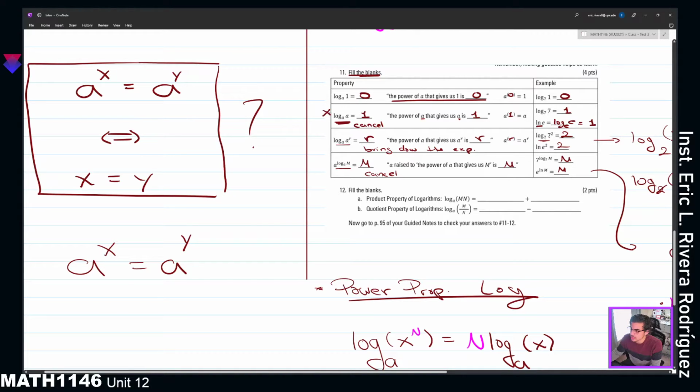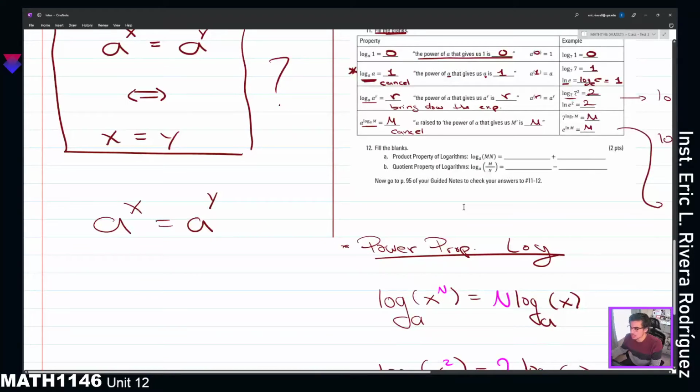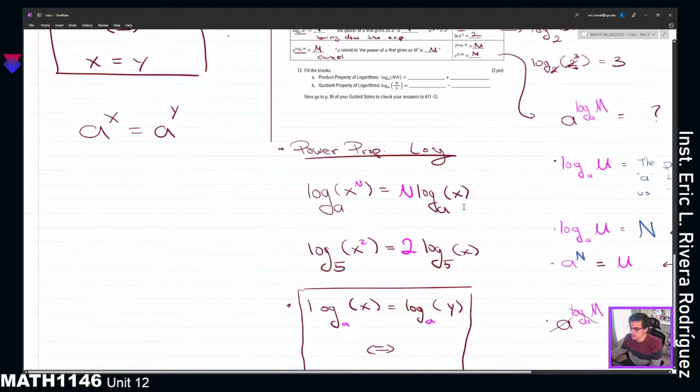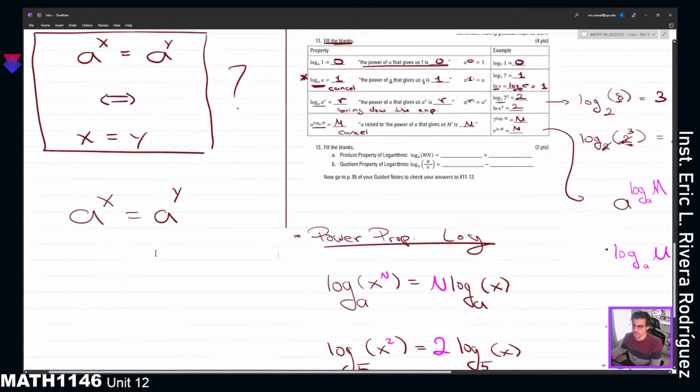We are going to use this property here, the one that we use to cancel, and we are going to use the power property. Okay, those are the two properties that we are going to use.